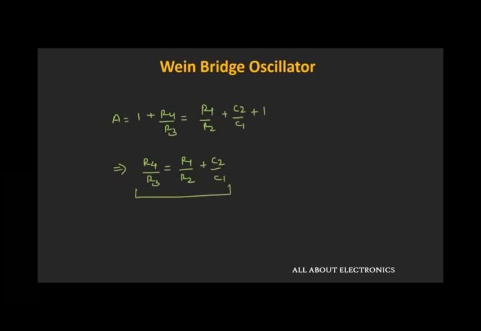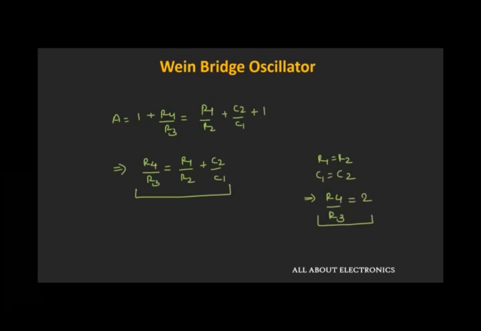So this is the condition which should get satisfied for the sustained oscillations. Now if we consider R1 is equal to R2 and C1 is equal to C2, then we will get the condition that we have discussed earlier, that is R4 by R3 should be equal to 2.